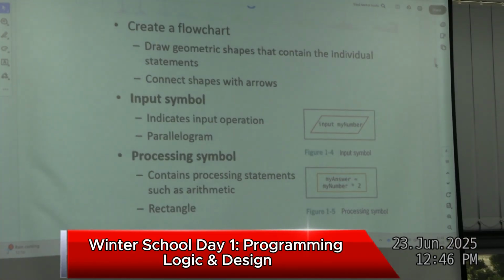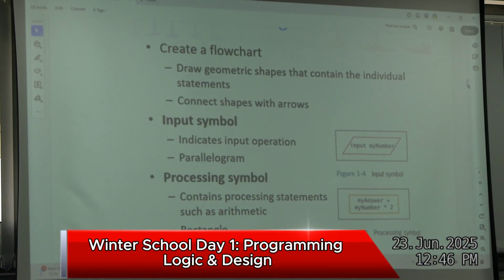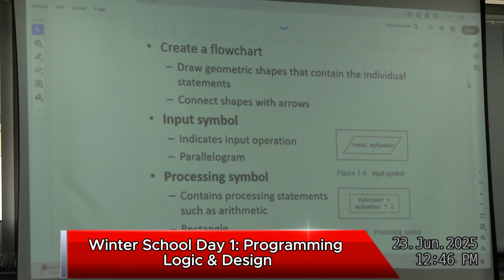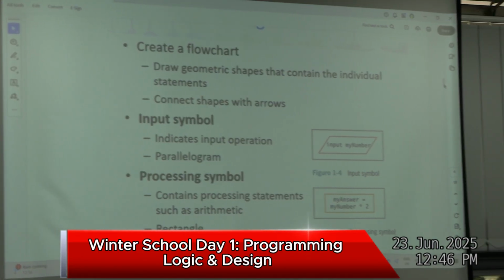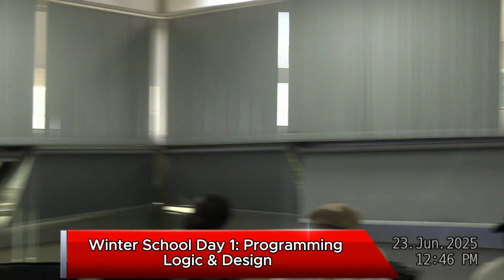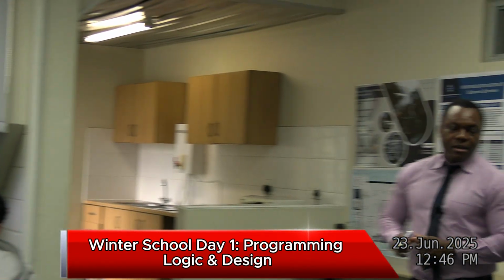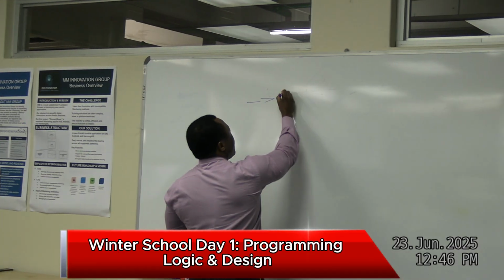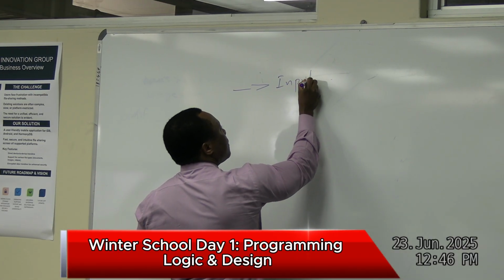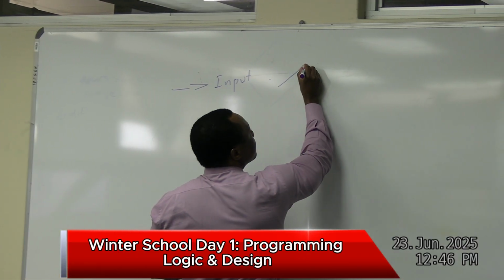We've been talking about input, output, and processing. The diagram of an input is a form of parallelogram, which looks this way.